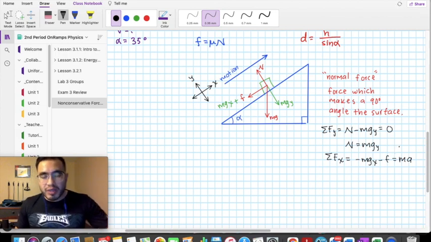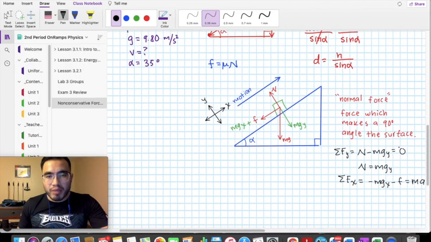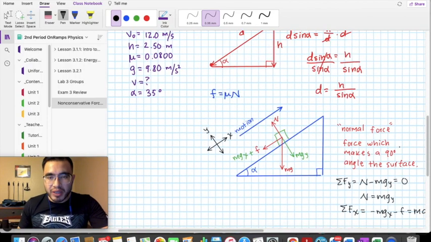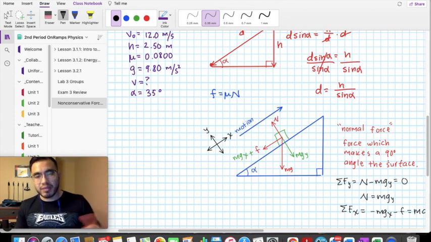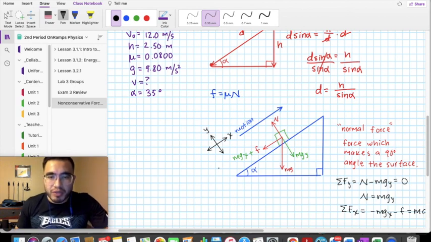Okay, so now we sum the forces. What can we do? Well, we said we needed the work done by friction, and to know the work done by friction, we need both the force of friction and the distance at which the force is applied, because non-conservative forces depend on the path, right? So now we can use this definition.